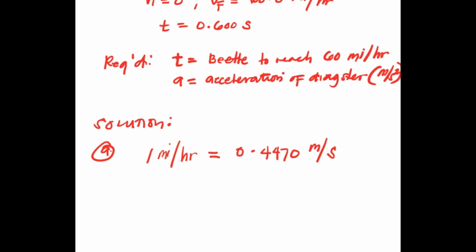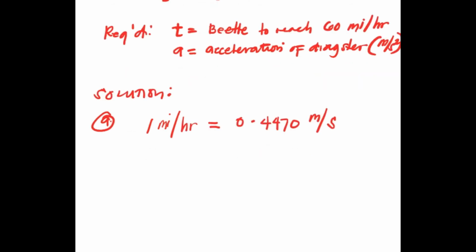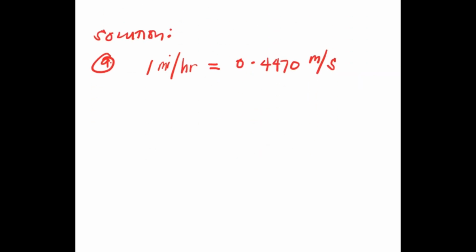Now let us go with our equation. According to our equation, acceleration is the change in velocity over the change in time, or delta v over delta t.